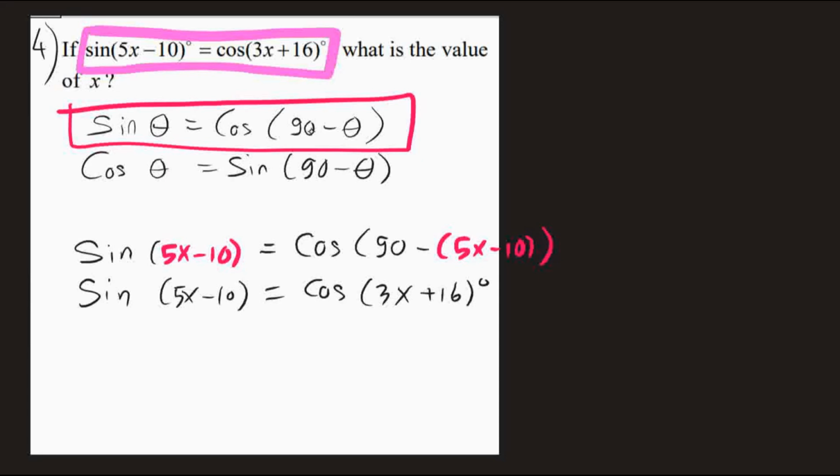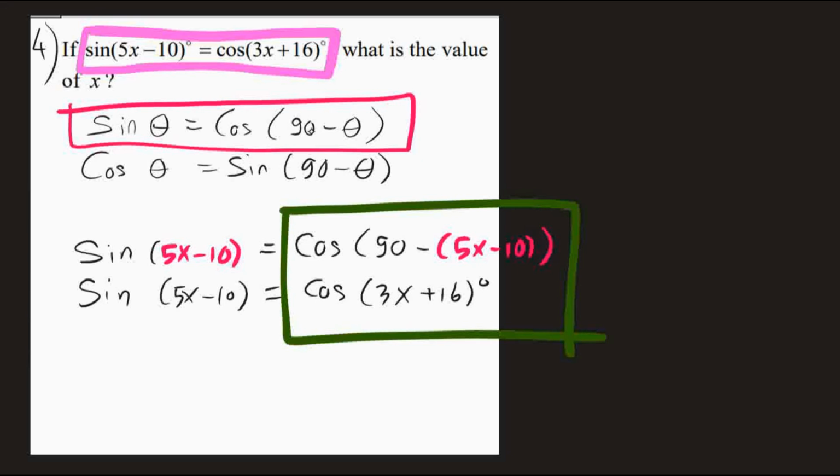It means we have cosine of 90 minus (5x minus 10) equals cosine of 3x plus 16.